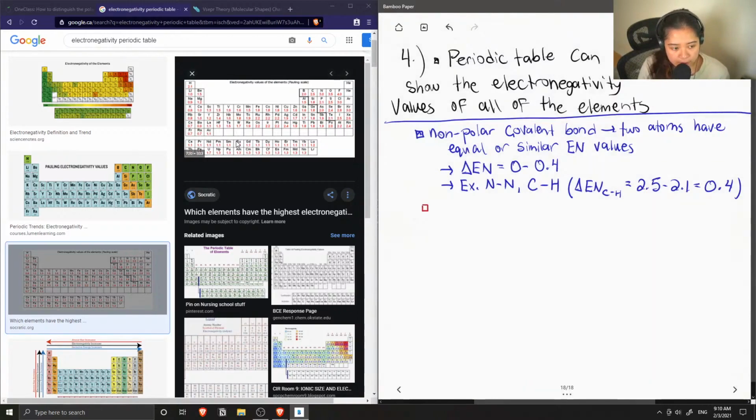Okay, so we can also have a polar covalent bond. This is when two atoms have dissimilar electronegativity values.